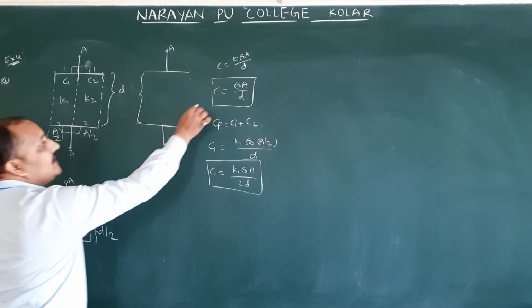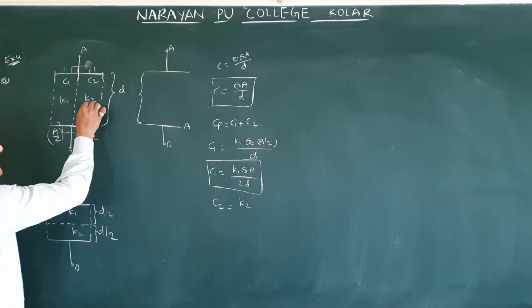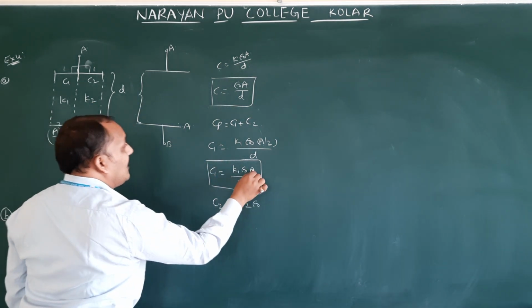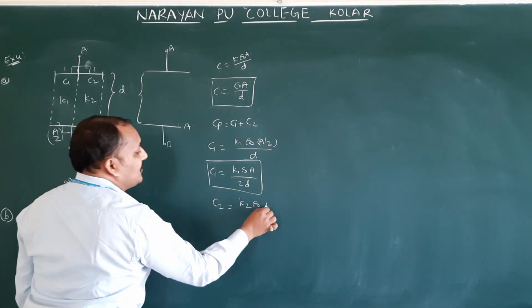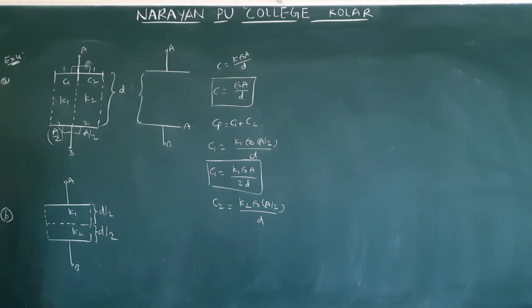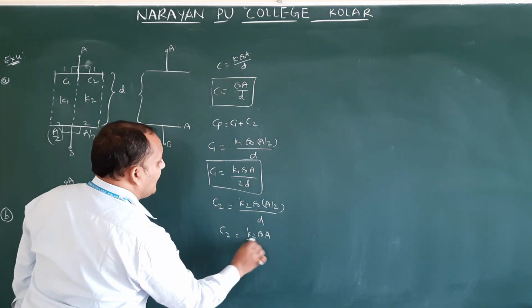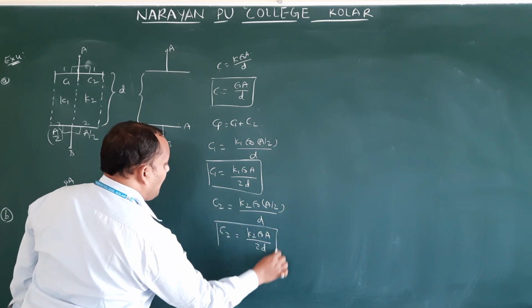Now the C2 value, same formula. C2 is equal to, in place of K, K2 epsilon naught, area again A by 2, separation d. Then C2 is equal to K2 epsilon naught A by 2d.